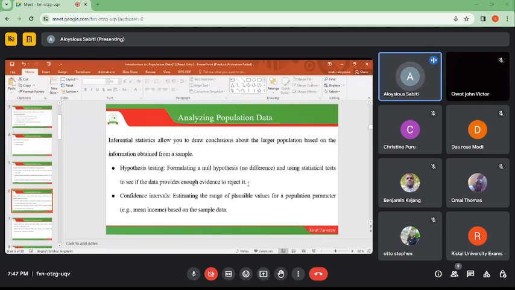So those are some of the means in which you are able to use the confidence interval to do data analysis.